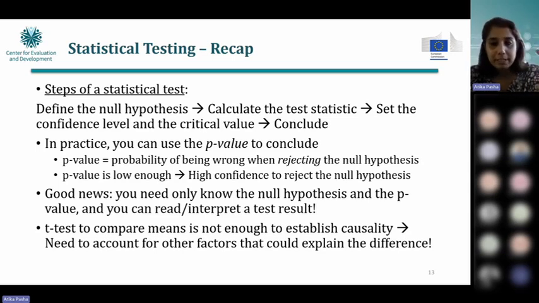I told you there were multiple tests. In the end, we calculated on Excel one statistic, which was the t-statistic, using the t-test. And then we set our confidence level. So far, we've always been using the 95% confidence interval. It could be that you want to be more confident in your results, so you decide on a 99% confidence interval.